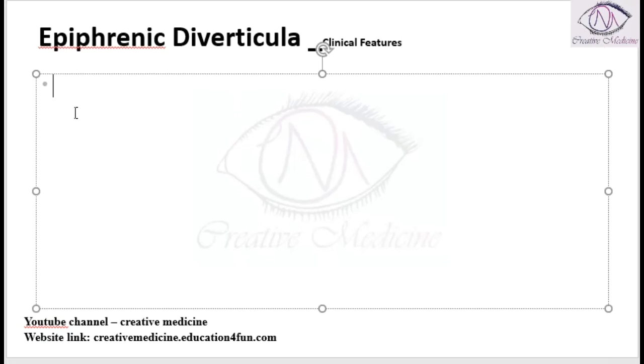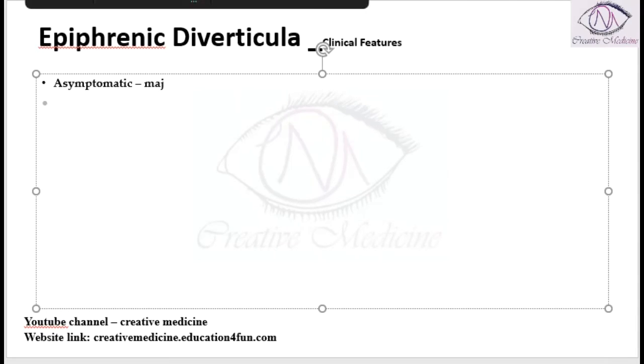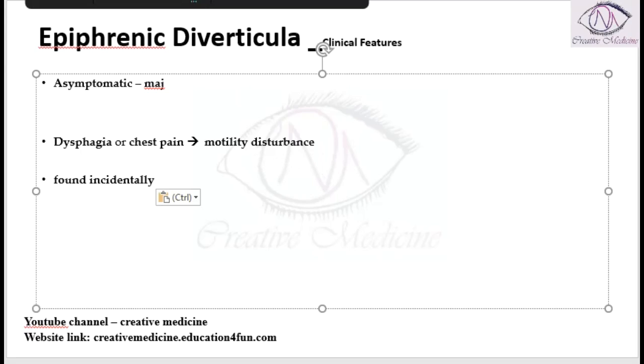The majority of the patients are asymptomatic, except that there are a few patients who can develop chest pain, and dysphagia might be seen in a few patients, but this chest pain and dysphagia will indicate that there is a motility disturbance going on in the patient. So it is most commonly found out incidentally.